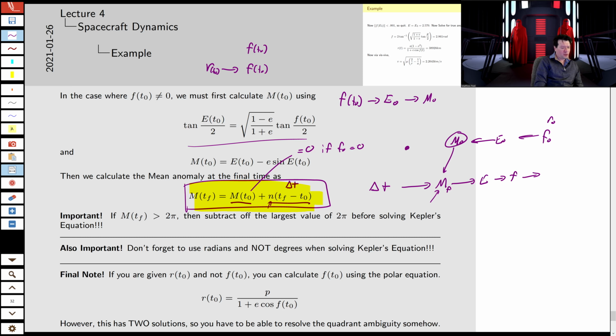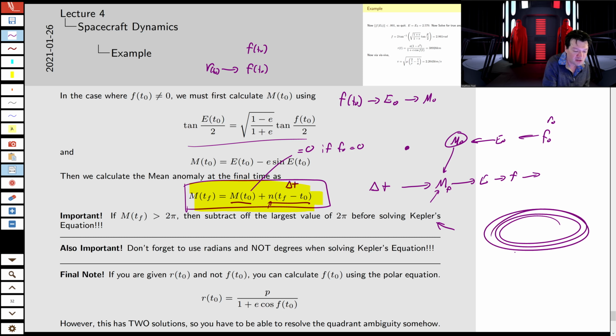A couple warnings. First of all, these angles, especially mean anomaly, can get very large if you do multiple rotations. So if you're calculating r and v, for example, you want to limit your mean anomaly to between 0 and 2 pi.